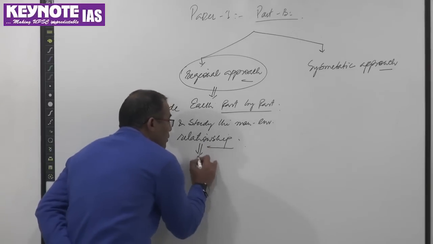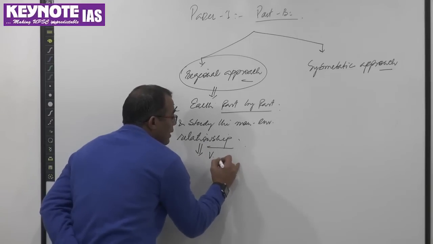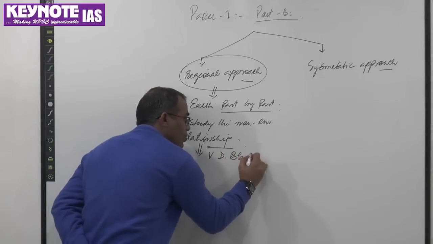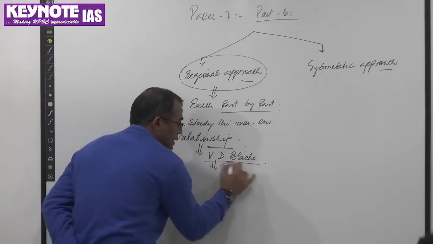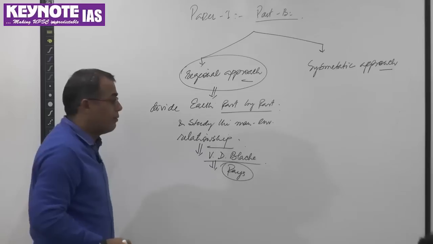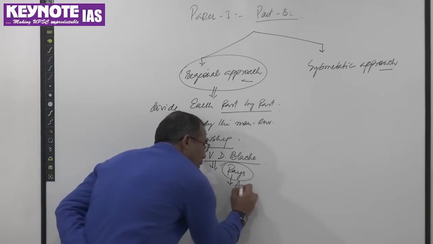For example, the most important one is Vidal de la Blache, a French geographer who for the first time tried to talk about pays. Pays is a term in French that means a segment of Earth.